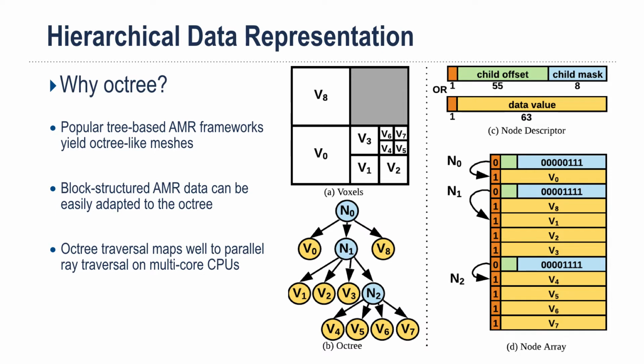For inner nodes, we store an 8-bit child mask indicating which of its 8 potential children exist, and the 55-bit child offset to its child nodes. To accelerate both implicit isosurface and volume rendering, we also store the value range as a pair of floats for each node, for an additional 64 bits.